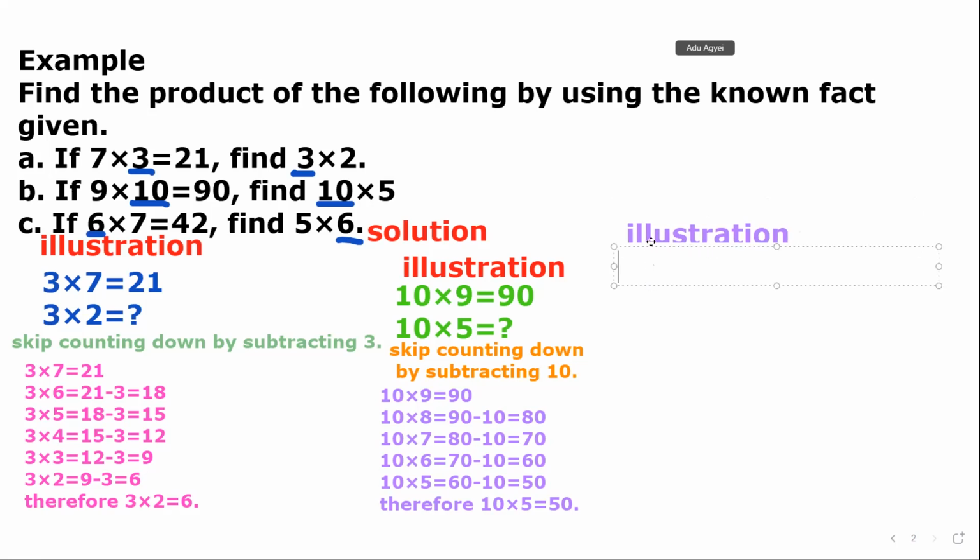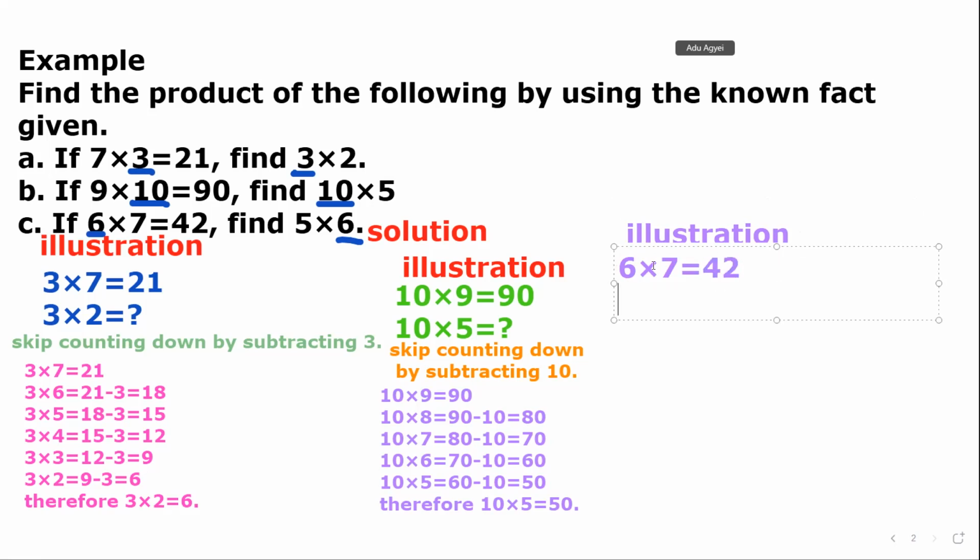Then we start with the multiplier. So we have the 6 times 7, okay, which is equal to 42.